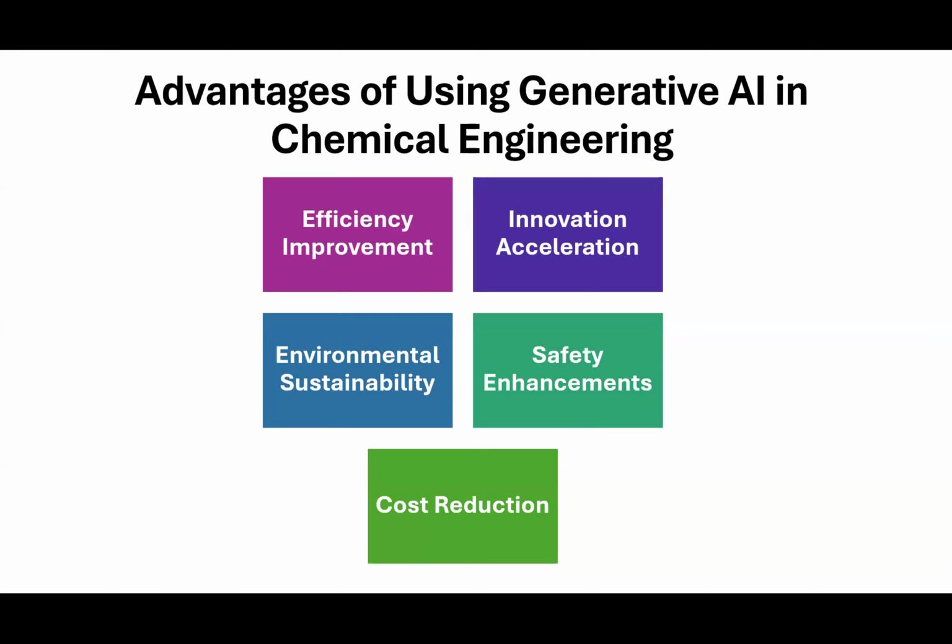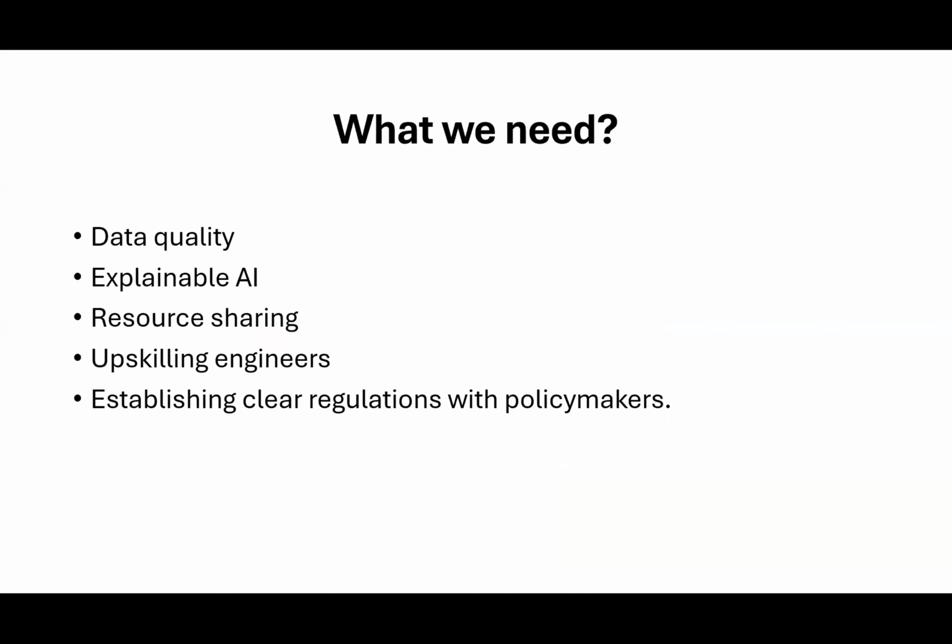Also, we will reduce the cost by using generative AI. And all these advantages can be done through the generative AI. So when we use generative AI in any field and also in chemical engineering, what do we need?